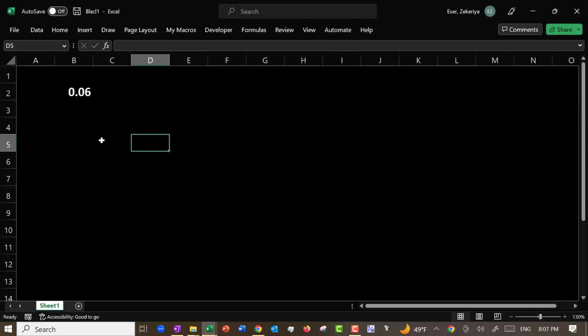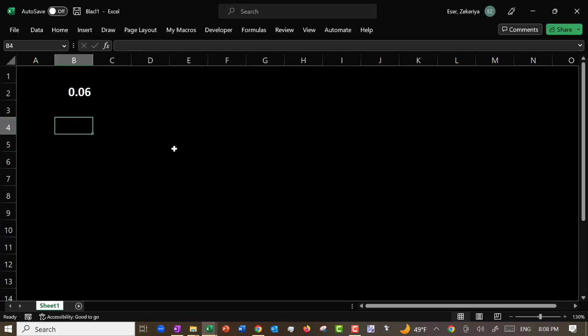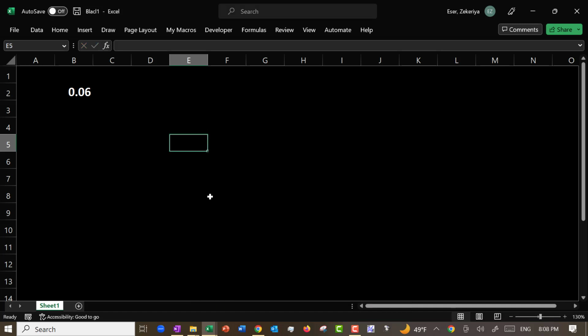Alternatively, I think I already have a function. Let's see. I don't know if I put this on my personal. No, it's not here.